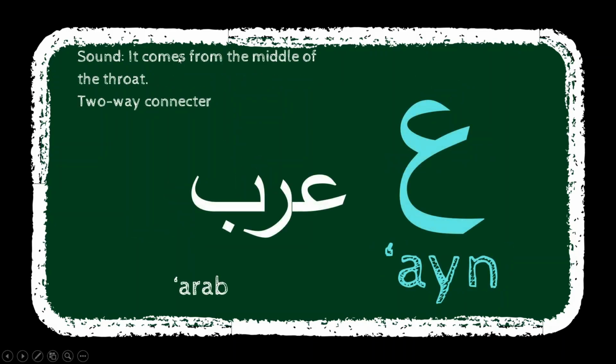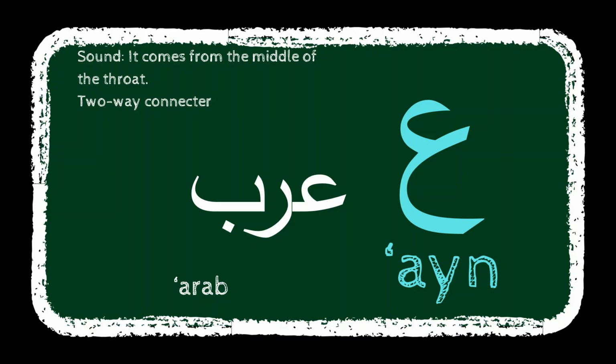Okay. The next letter is also one of the letters that are unique to Arabic, and this one is Ain. Now, Ain comes from the middle of the throat, and there is no exact equivalent to it in English, but if you want to know how to pronounce it, you will feel a slight tightening or vibration in the throat when we say it.